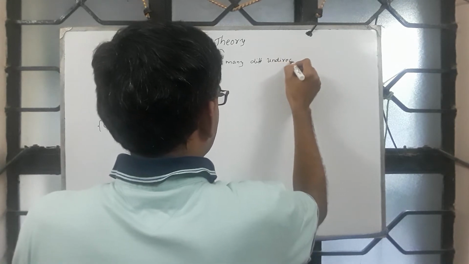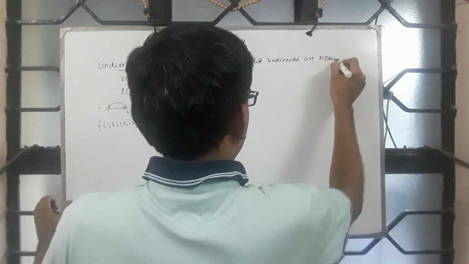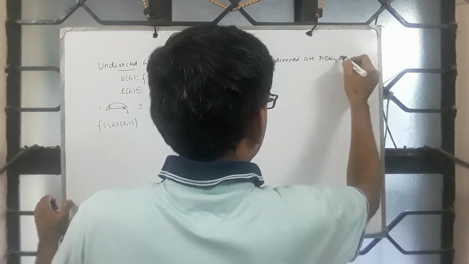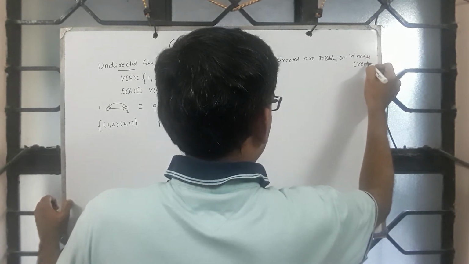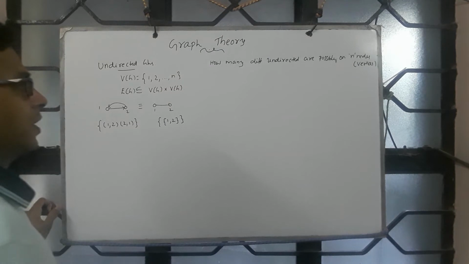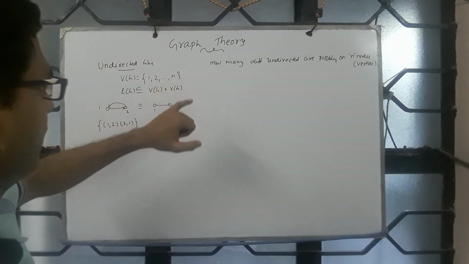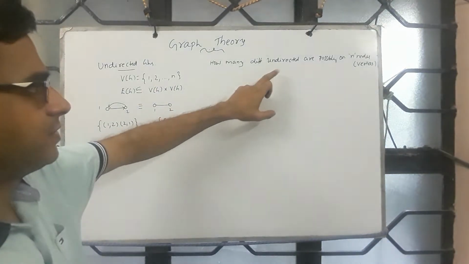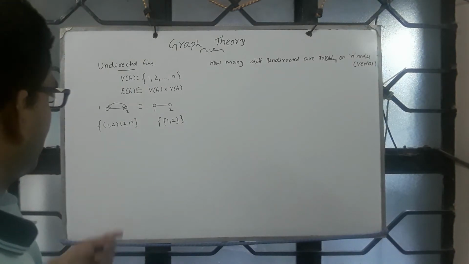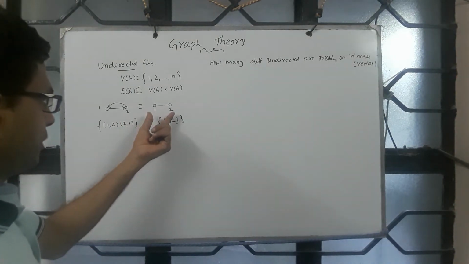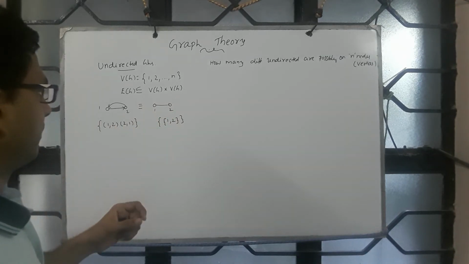Okay. So now we are interested in knowing how many different undirected graphs are possible on n nodes. N nodes are n vertices. So you are given a vertex set of size n. We are asking how many different undirected graphs are possible. So please note the edge 1 2, we see it as 1 2 and 2 1.